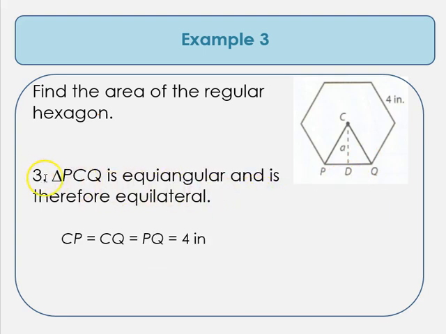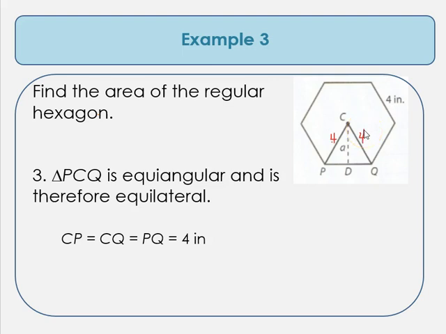Now, for the third step, we're going to take that triangle, PCQ, and because it's equiangular and equilateral, we can now say that PQ is 4 inches, so guess what? CP is also 4 inches, and CQ is 4 inches.